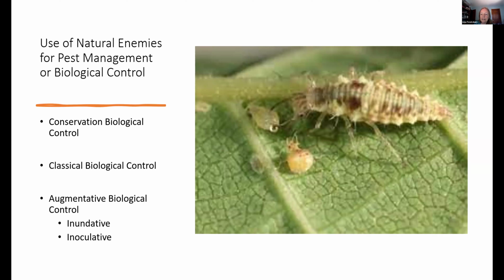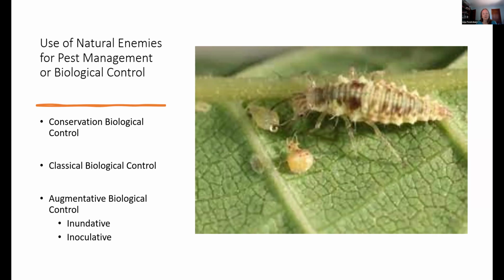Like this is a lacewing larva, and it feeds on aphids. Some of these, definitely parasitic wasps, like to take nectar from flowers. So providing some of these additional food sources can attract natural enemies and can keep them and enhance the effect they might have in your farm or garden.